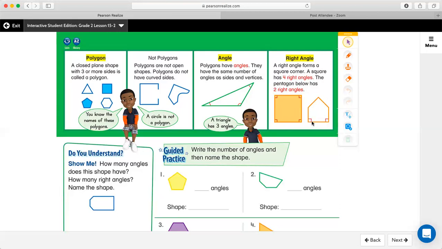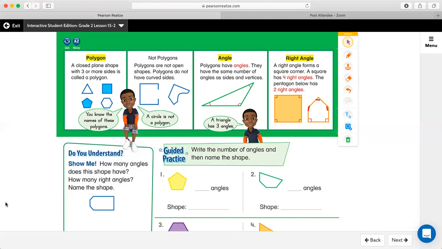And a pentagon has 2 right angles here at the bottom. It would have 5 angles total. These 2 are right angles. It would have another angle here, another angle here, and another angle here. Okay, 5 angles total.